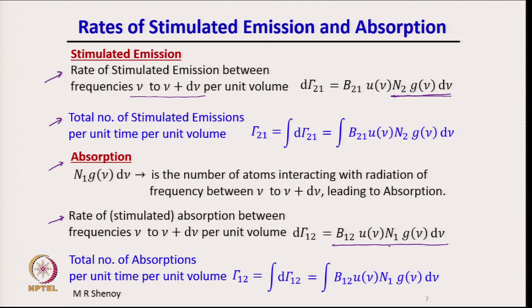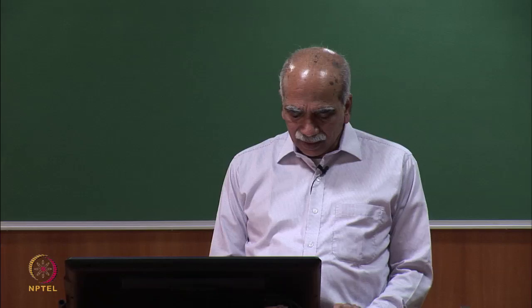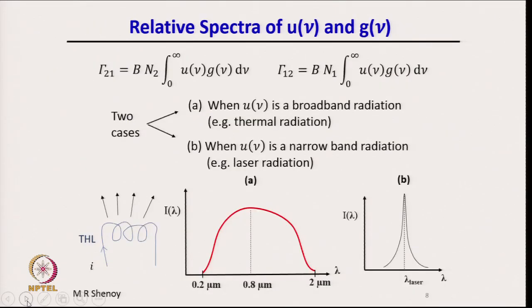Again, as before, earlier we had just N1, now we have N1 into G nu d nu, and therefore the total number of absorptions is given by the last expression, gamma 12 equal to the integral. Now, we want to integrate this. While integrating, again we take care of two practical issues, and that is what we will discuss here.